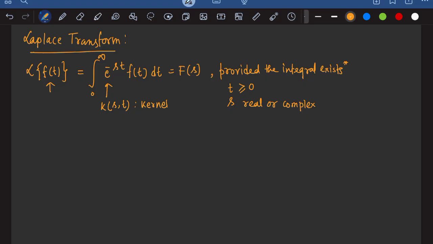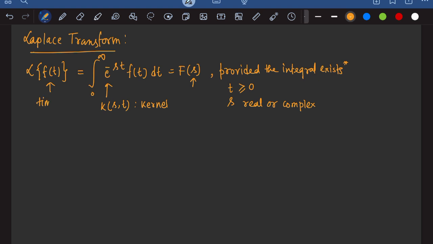So based on the nature of this kernel, we have different types of transformation. Here we are particularly studying Laplace transformation. When I write L of f(t), t is the variable, and when I write F(s), now s is the variable.